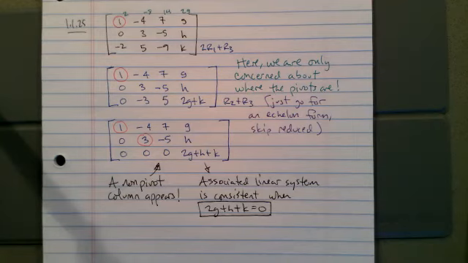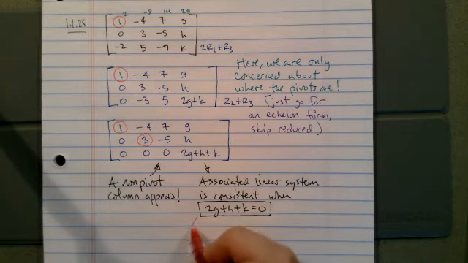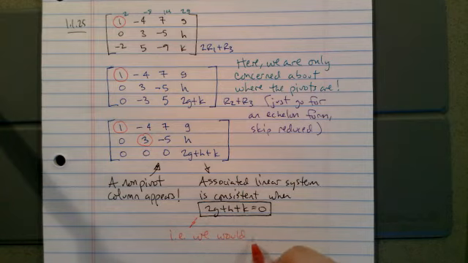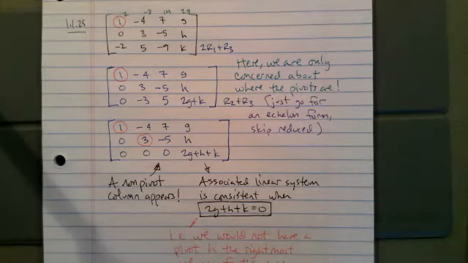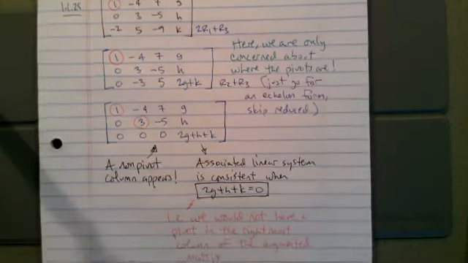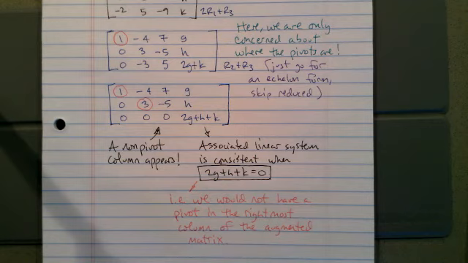I don't want to circle it because it's not a pivot column. If 2g plus h plus k is equal to 0, then we do not have a pivot in the rightmost column of the augmented matrix, and therefore the associated linear system is consistent.